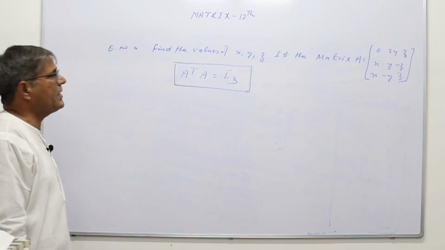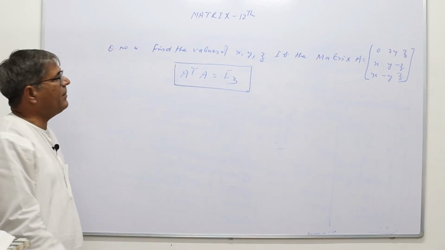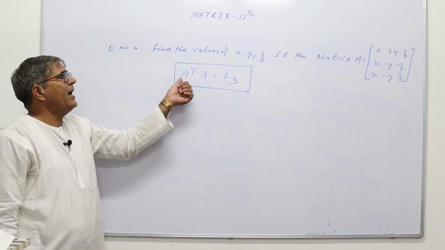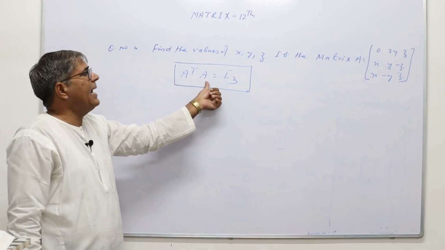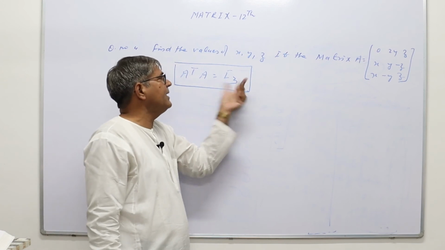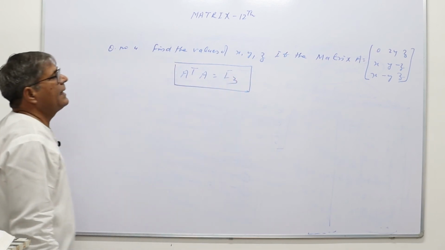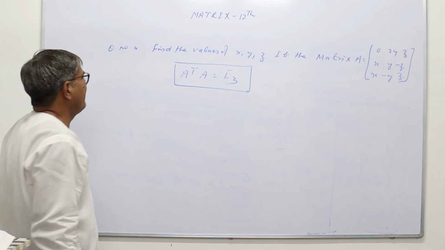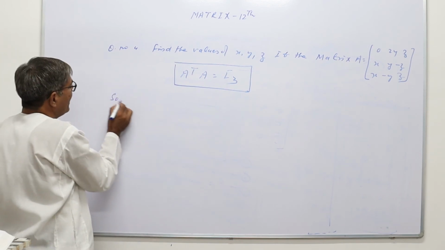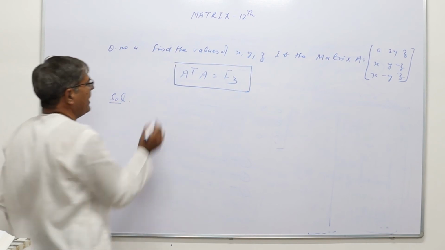What we have to do? First we will find the transpose of the given matrix, and then we will find A transpose into A, and then we will put equals to I3. By comparing on both sides, we will find the values of x, y, z. So first of all, how we will solve? First write the given matrix.